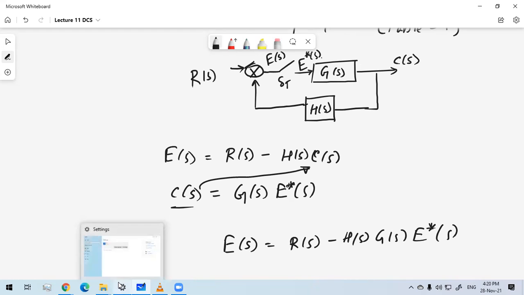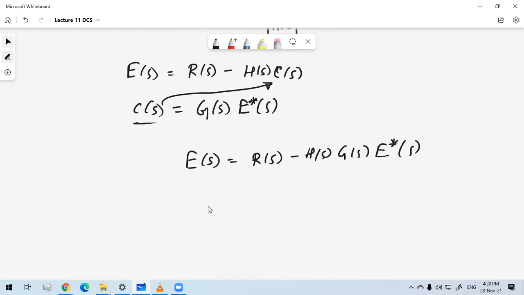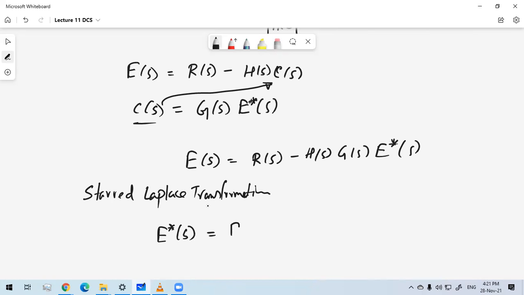Now, in some portion of the equation we have star, in some portion we don't have it, and under the circumstance, the solution is taking the starred Laplace transformation. If we take it, we know that the simple parameter will be simply starred, and complications will arise whenever you have two grouped together, like here, G and H. So I have to write that as GH(s). After star conversion, it will be GH*(s) then E*(s).